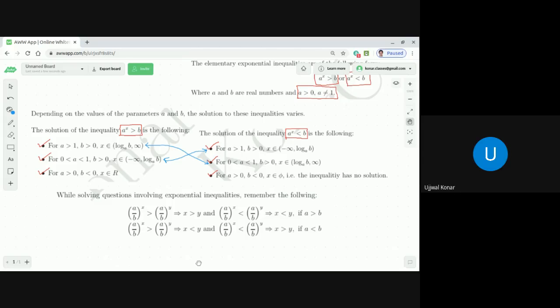So when a/b is a fraction where a > b, then (a/b)^x > (a/b)^y definitely implies x > y, and (a/b)^x < (a/b)^y implies x < y. Correct, no?